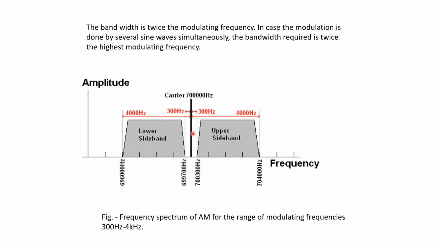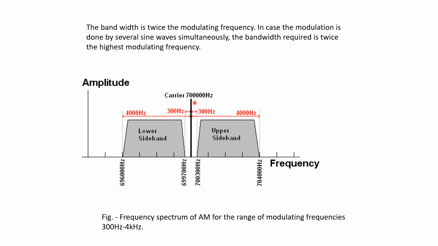In this diagram, a particular example has been discussed. In the present case, the carrier is 700 kilohertz, because naturally the carrier has a frequency much above the frequency of the audio signal.